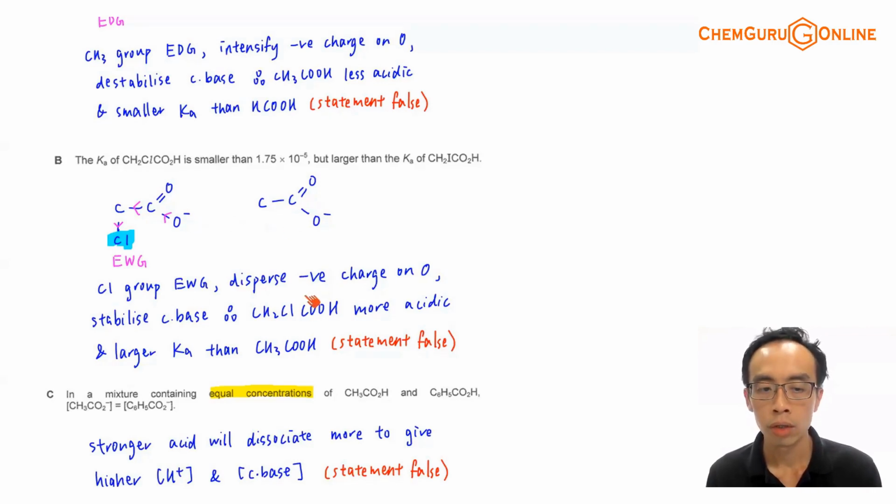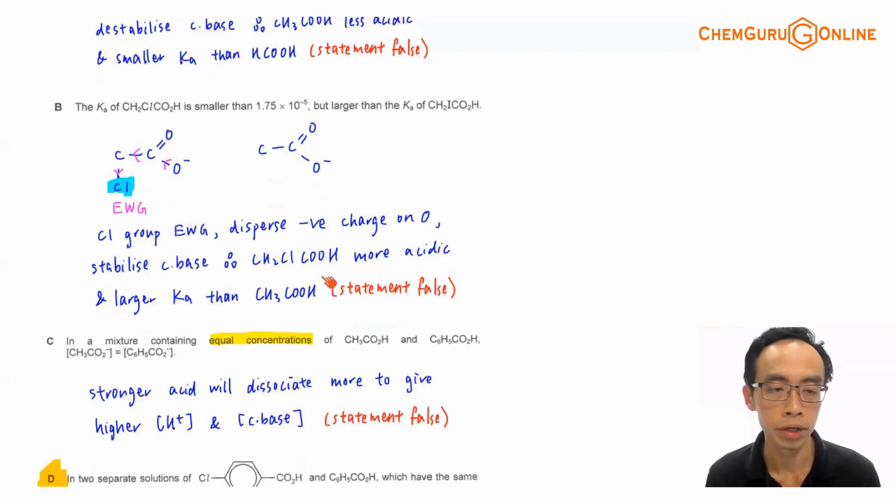So we expect chloroethanoic acid to be more acidic, and its Ka value is expected to be bigger than ethanoic acid itself. It's expected to be bigger than 1.75 times 10 to the power of minus 5, not smaller. So the first portion of statement B is already wrong. Then the second portion, comparing the Ka value for iodoethanoic acid, is not necessary. So B is not true because the first portion is already wrong.